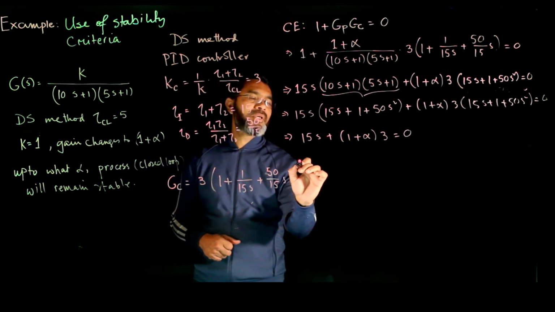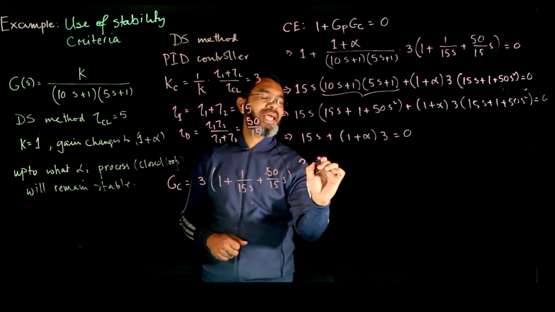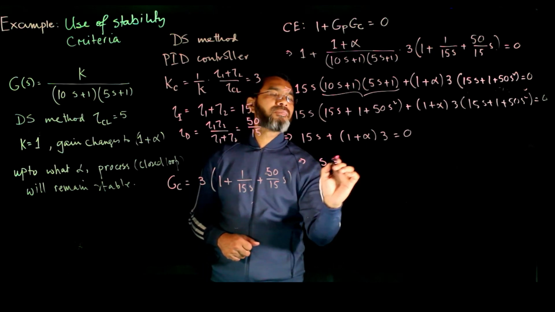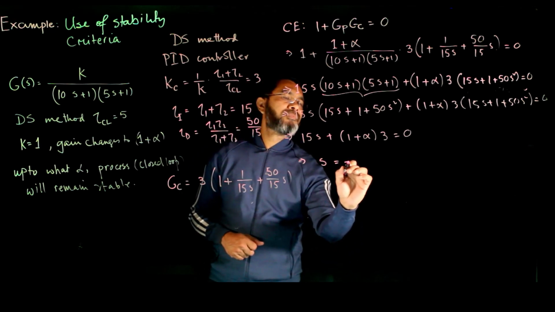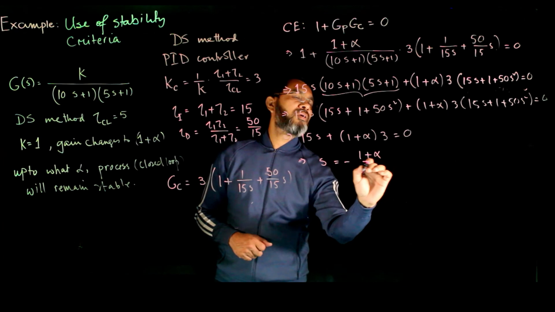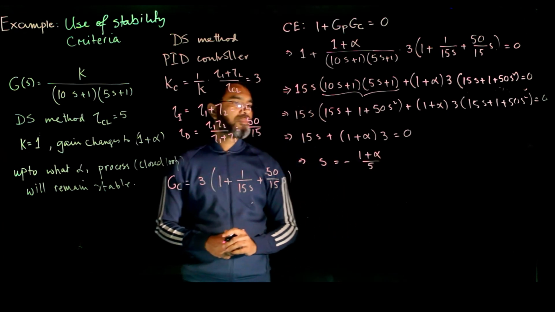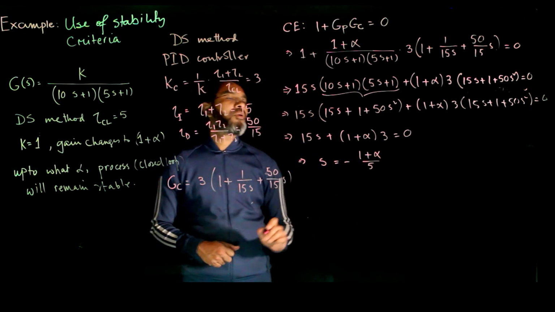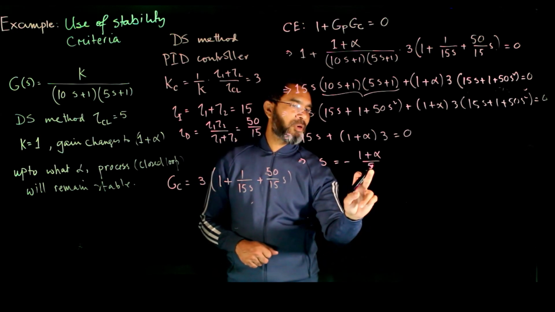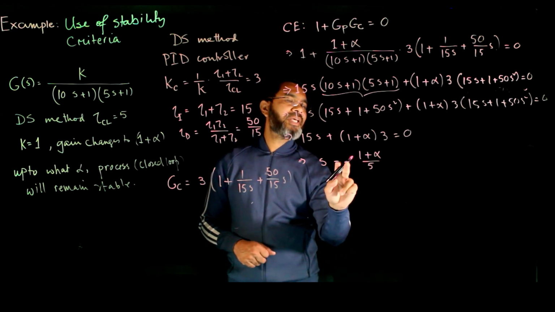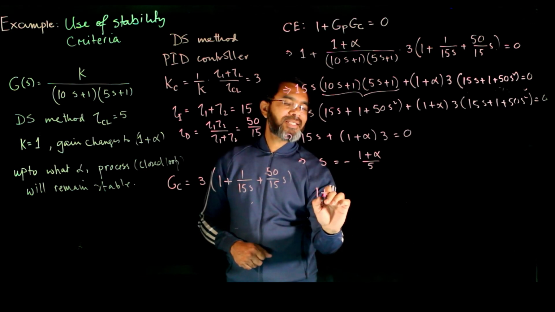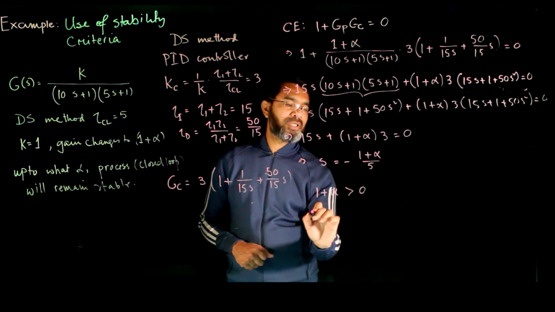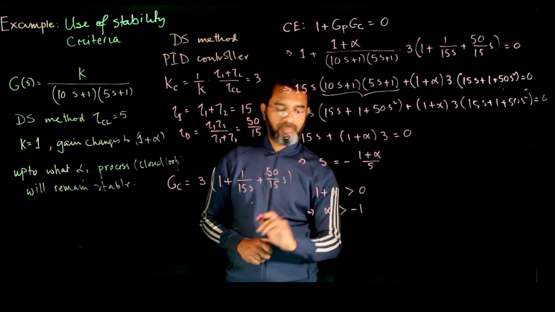So now if we find the root for this case, s will become negative (1 plus alpha) over 5. For stability, 5 is already a positive number, so to have this be negative, 1 plus alpha should be positive, or alpha should be greater than negative 1.